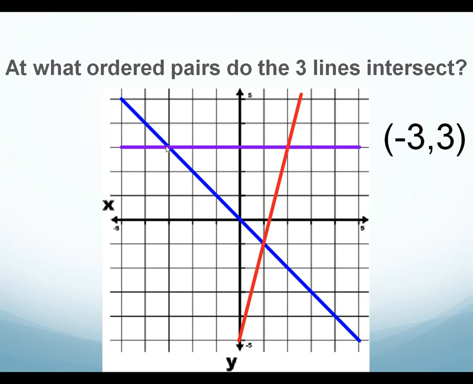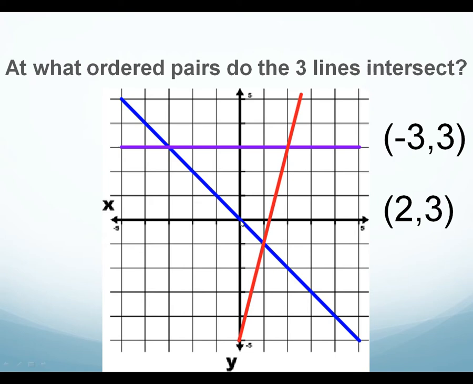Your answer is where they cross. Where do they meet? All right, if you looked at the purple and the red line, we'd want to know the solution to those linear equations. So for the purple and red line, what would you get? Pause the video if you need to. You would get 2, +3.